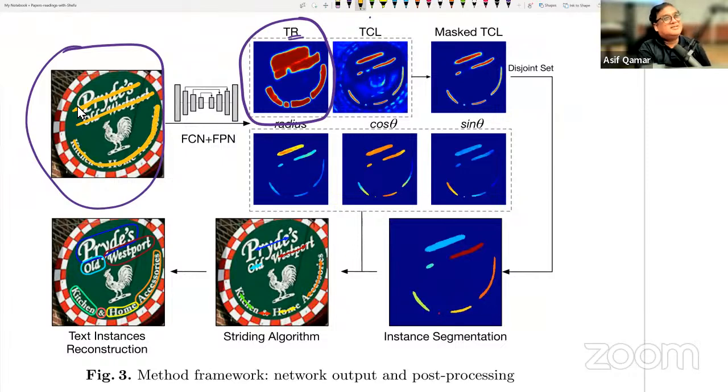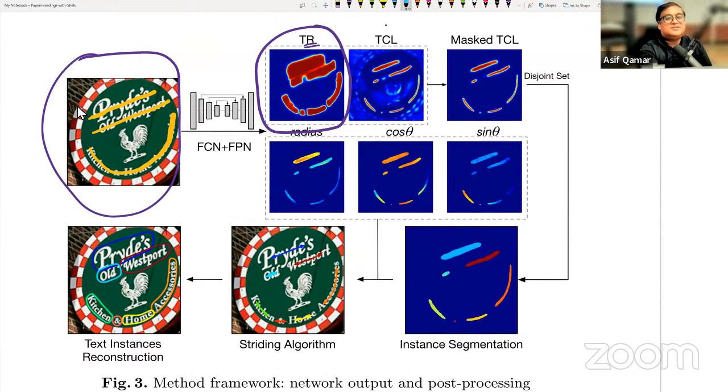Does it look reasonable, guys? But you notice that in the text center line image, there is a bit of a problem because it's getting confounded by even this hen. You see some of the hen showing up. The hen is not marked as red, but it's beginning to wonder, is that text too? Is it the text center line?